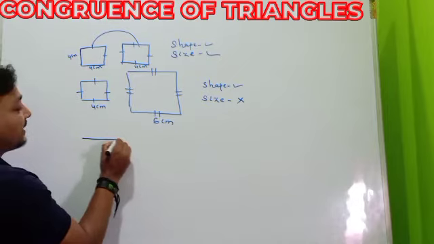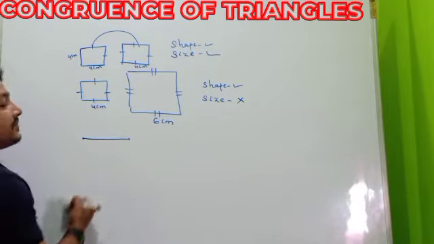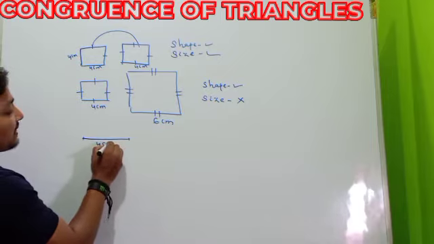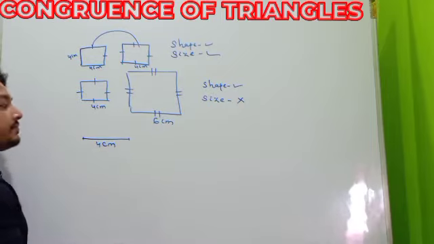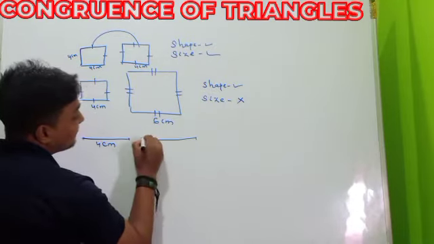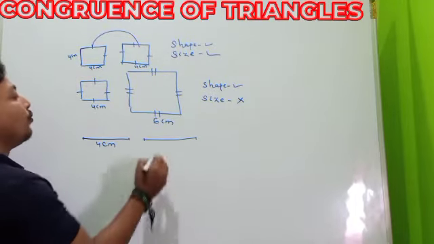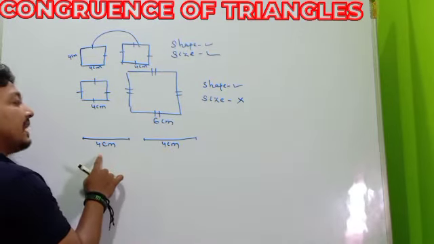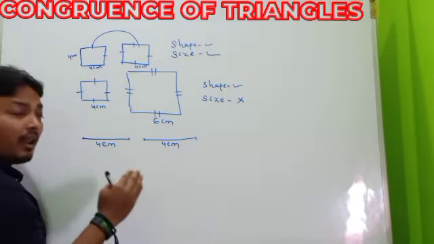Another example I am giving. See, here is one line segment. Everyone see, and the length of the line segment, suppose, is 4 centimeter. Here I am taking another line segment whose length is also 4 centimeter. So this one is a line segment, this one is also a line segment.